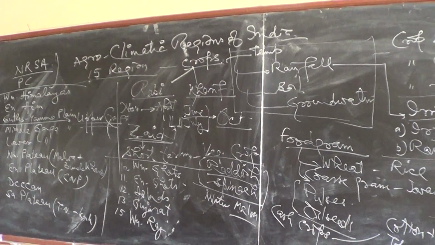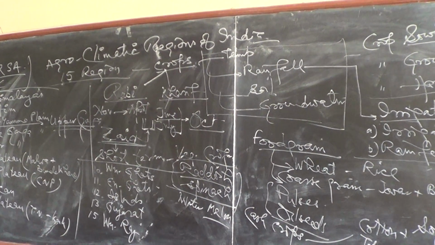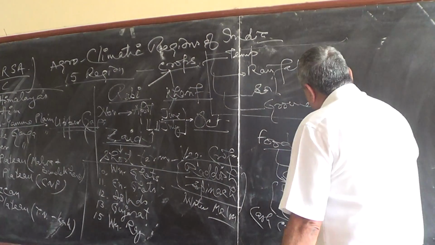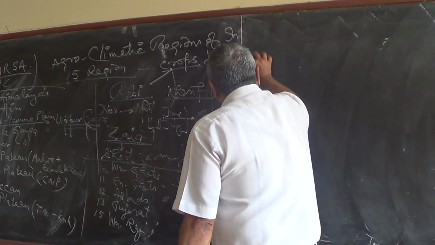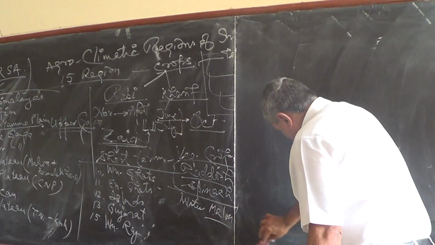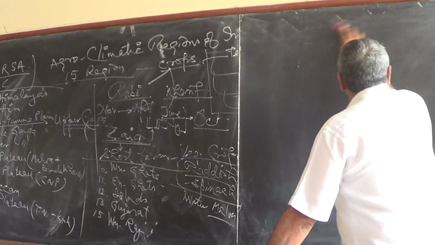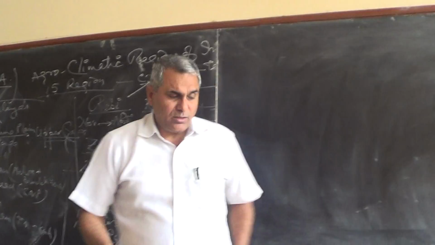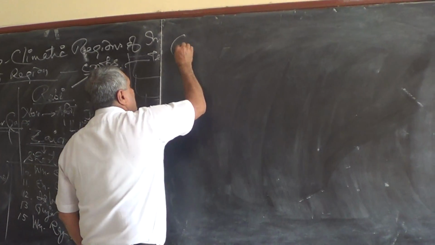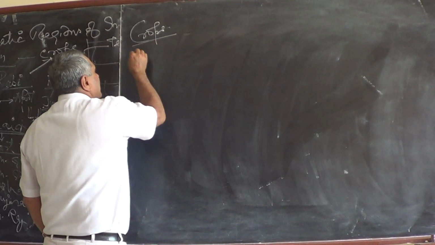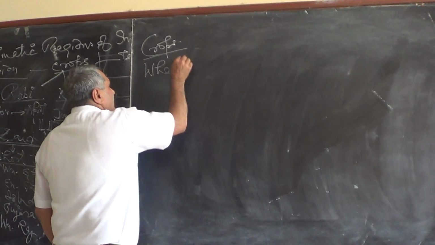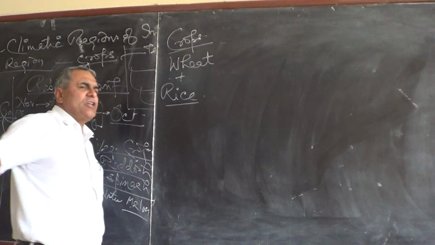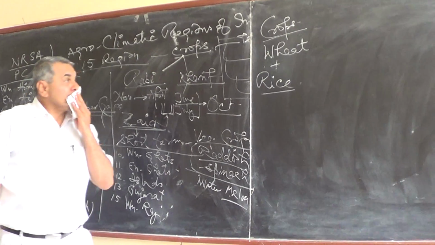So in your syllabus, we have 2 cash crops and 2 food grain crops. We have the crops wheat and rice. These are the 2 staple crops.